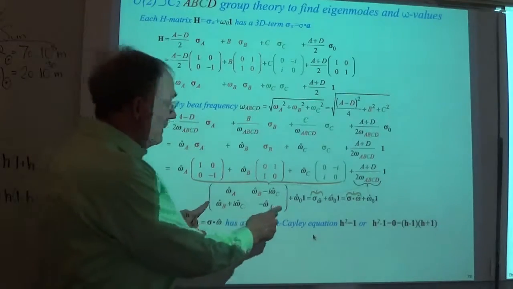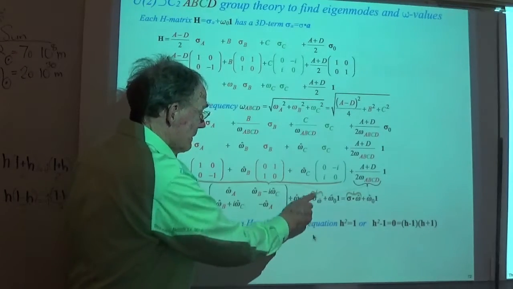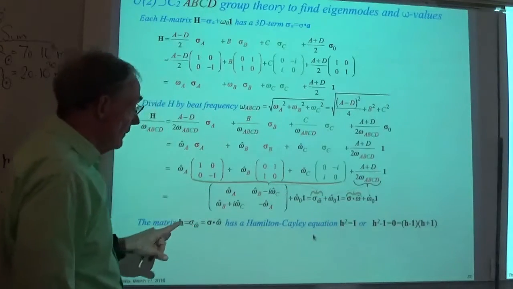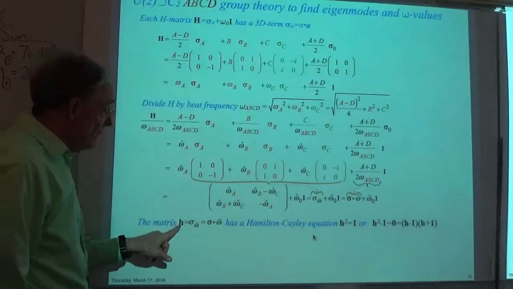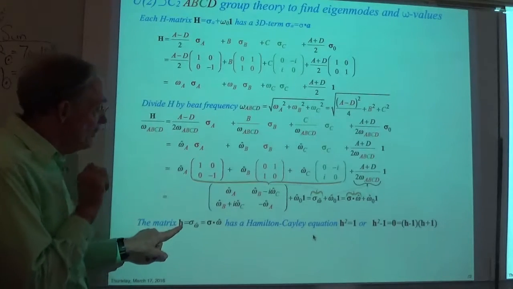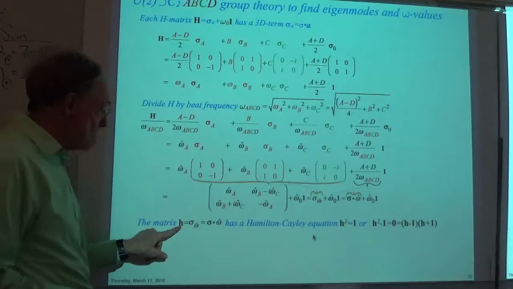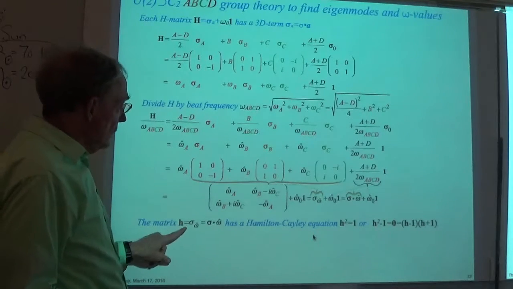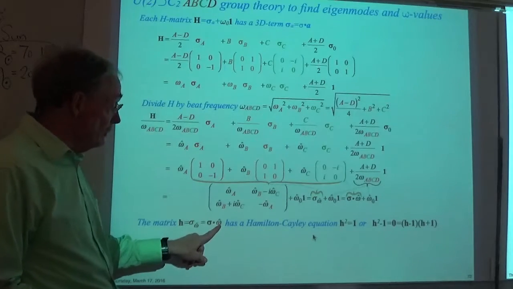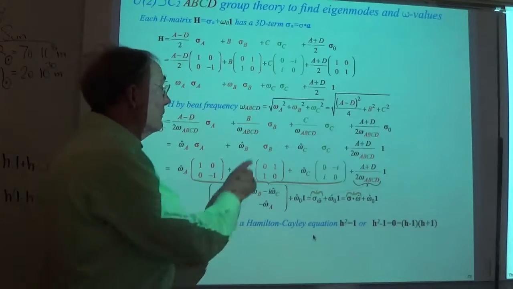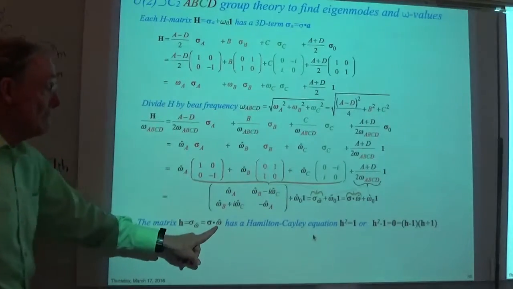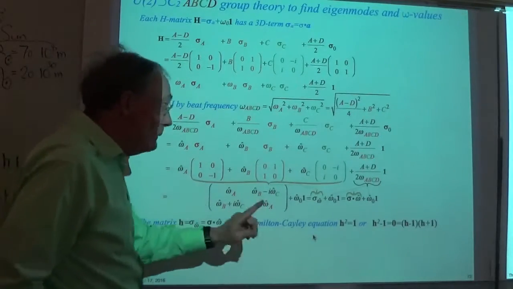this matrix right here, this whole thing, forget the little tag there. Okay, this whole thing I'm just going to call H, little Hamiltonian, little unit Hamiltonian. Okay, and that little unit Hamiltonian is sigma dot a vector that has unit length. That's what you get when you divide this into each of the components. Okay, this thing has a Hamilton-Cayley equation.